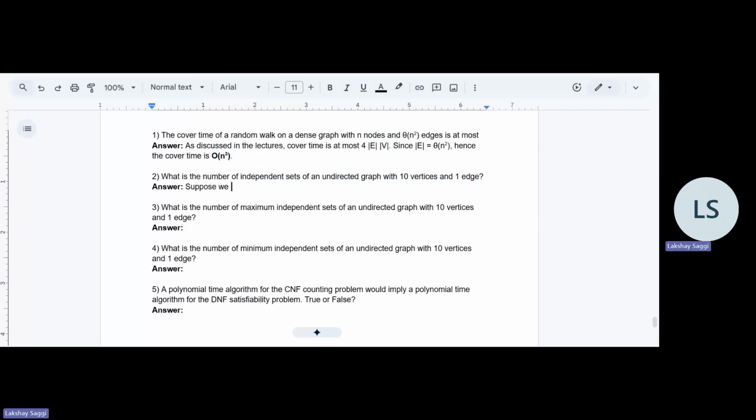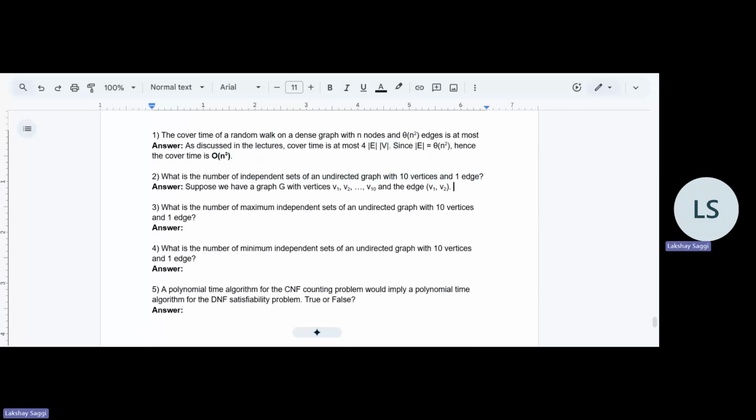It has 10 vertices, say v1 till v10, and there is exactly one edge. We can assume without loss of generality that the edge is v1 comma v2, right?